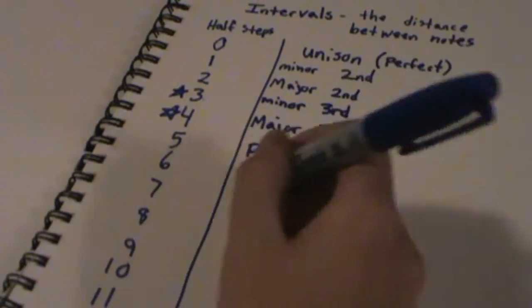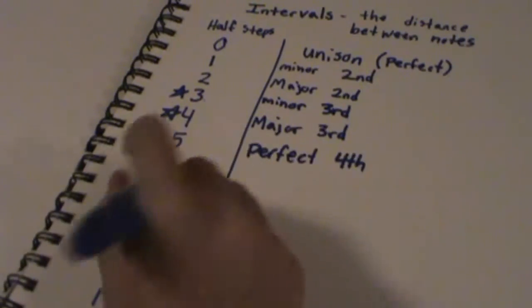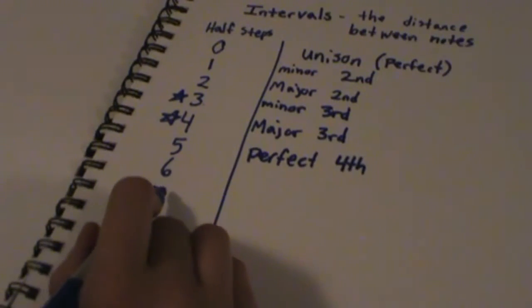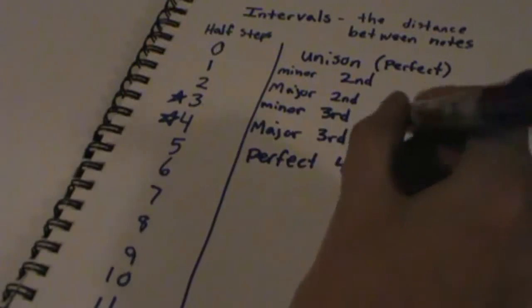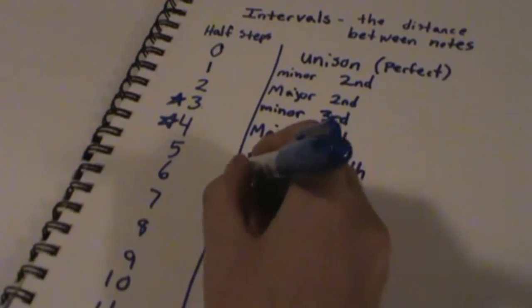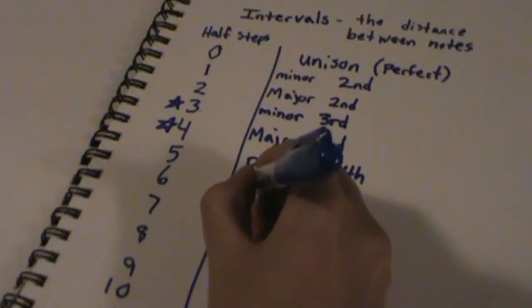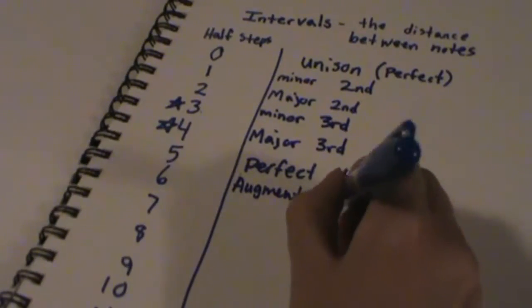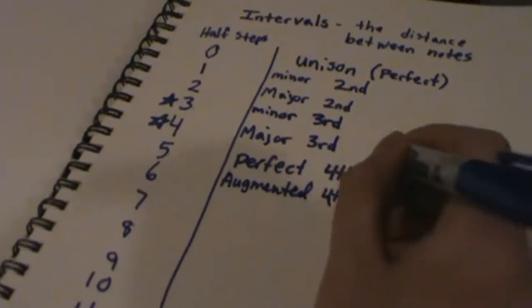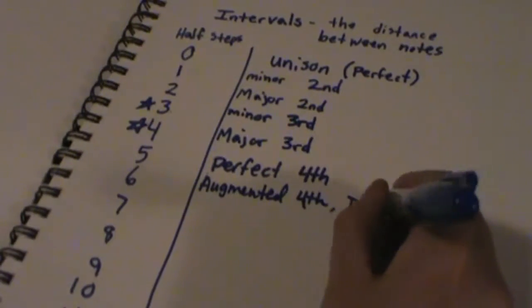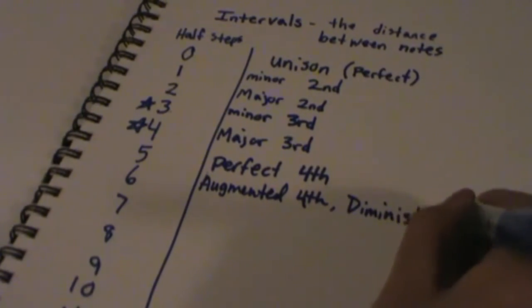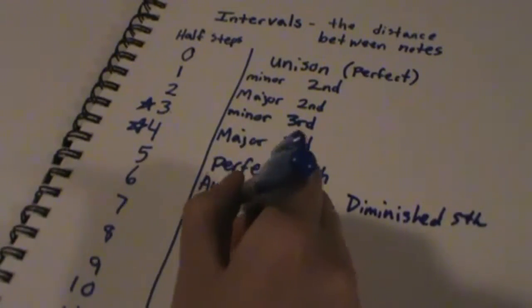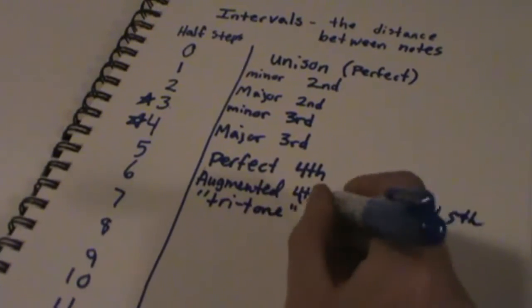From my understanding, the churches avoided this interval, and a lot of people avoided this interval because it's really strange and it's kind of tough to sing. So 6 half steps, you can either call it an augmented fourth, diminished fifth, or tritone. Or the devil's interval.